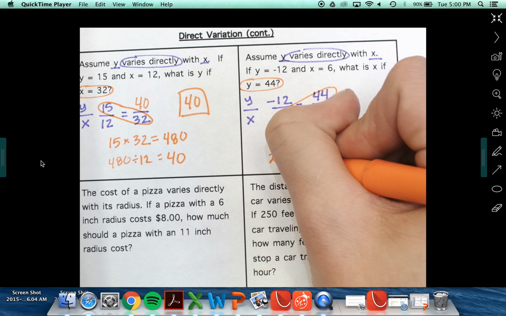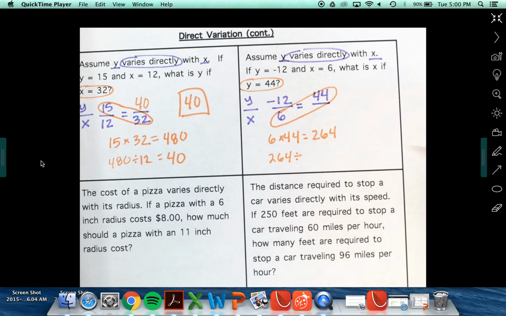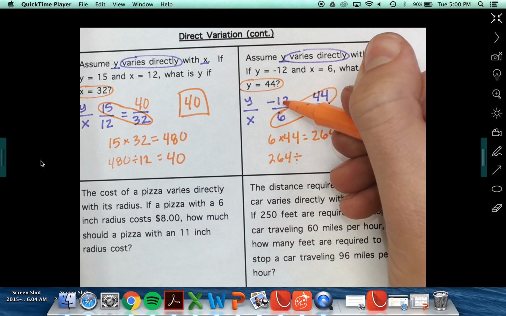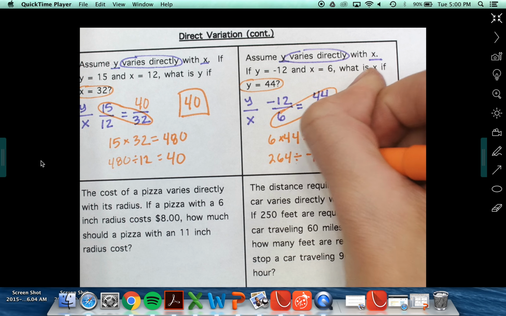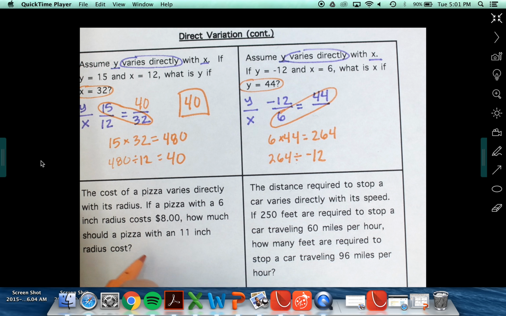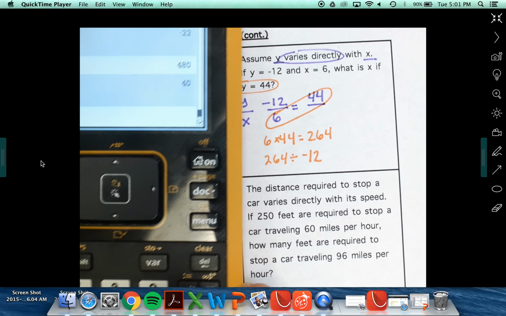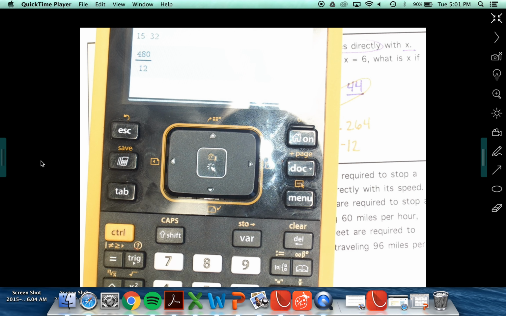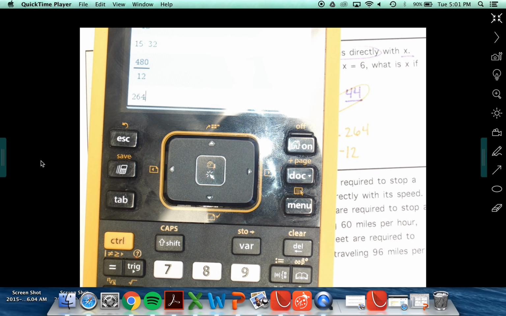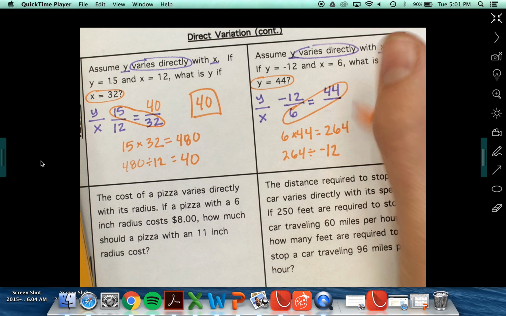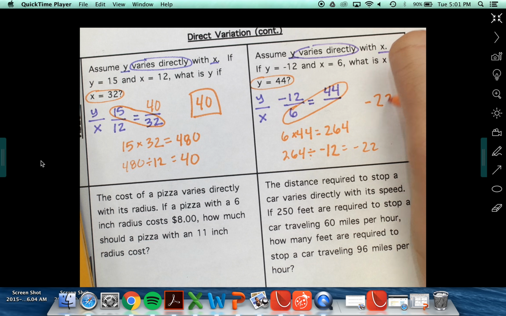Then I would take that 264 and divide it by my third number, which was negative 12. Let me check it real quick in my calculator to make sure I'm right. 264 divided by negative 12 is negative 22.